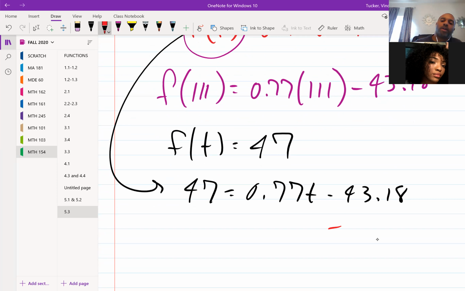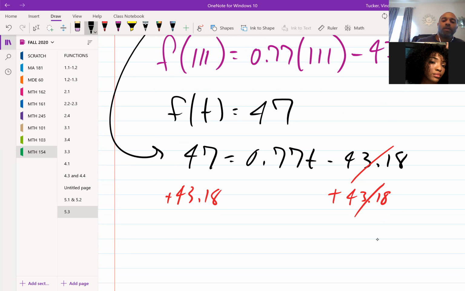All right, so add 43.18 to both sides. That gives 90.18 equals 0.77t.